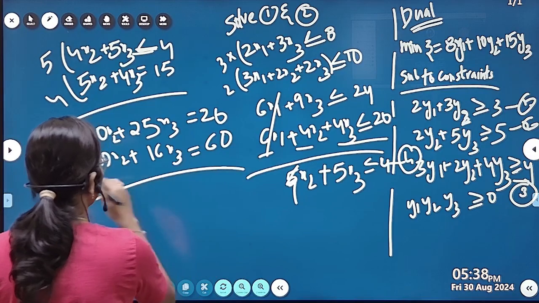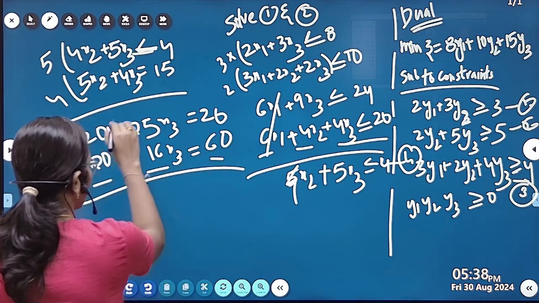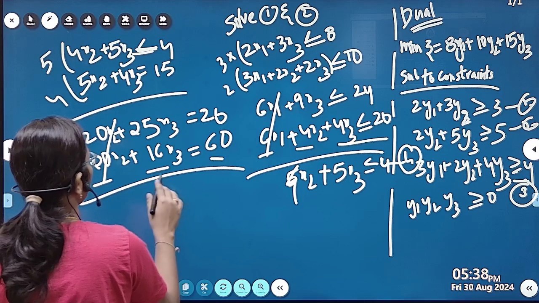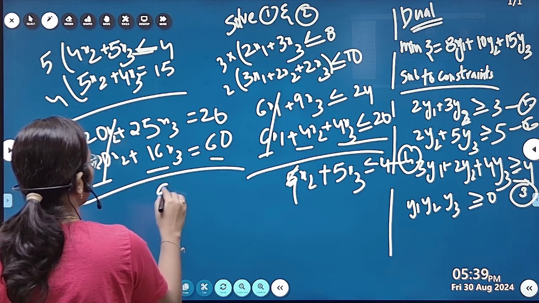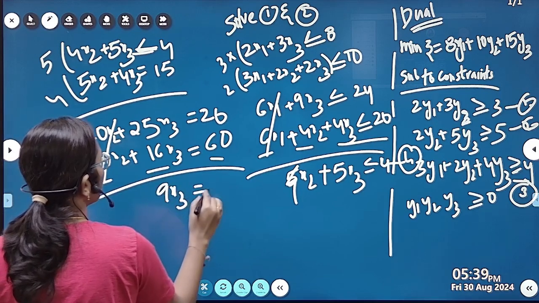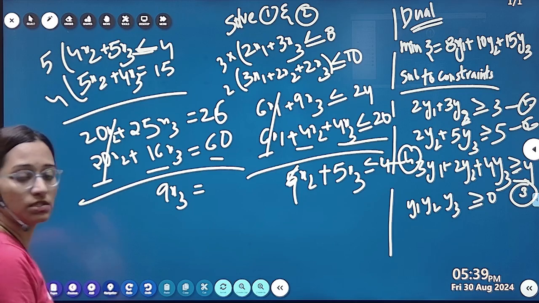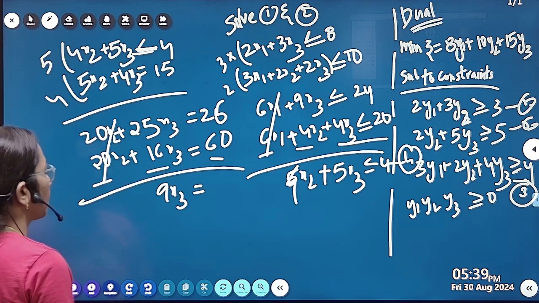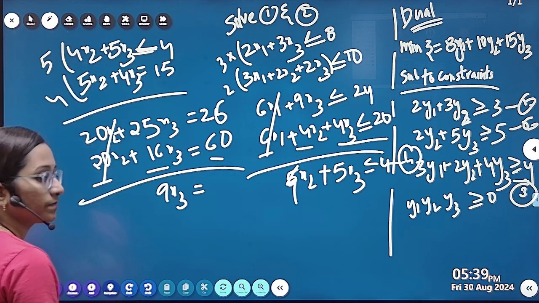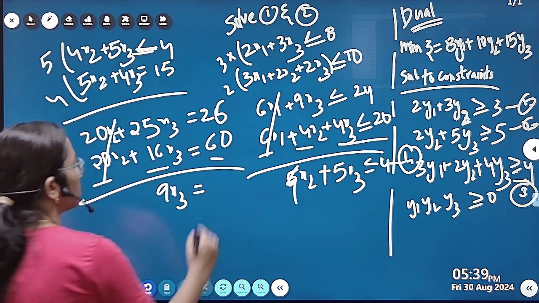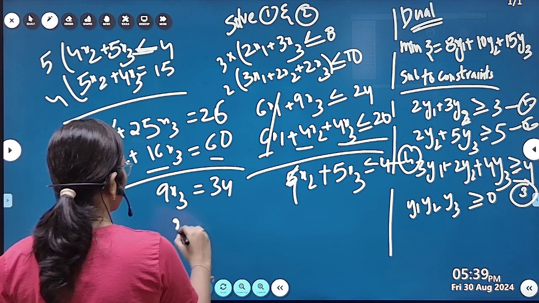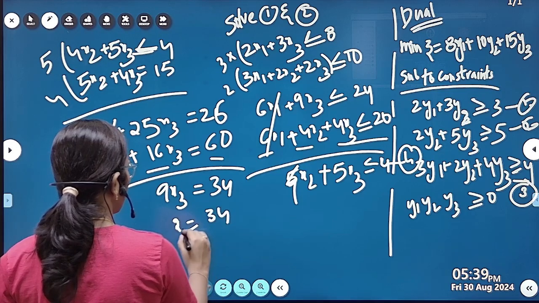Okay. So how much will you get? 9x3 is equal to 60 minus 26. How much? 34. So x3 is equal to 34 by 9.